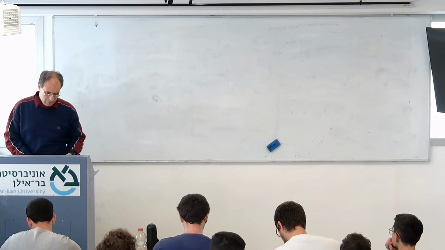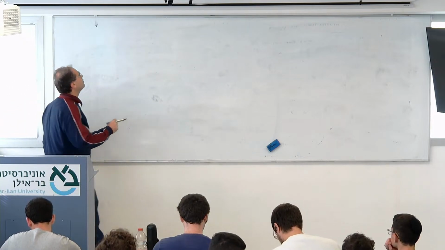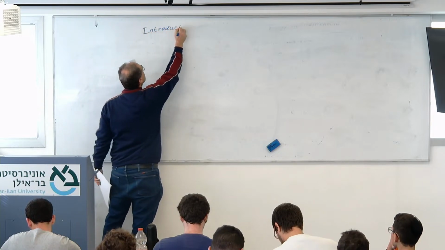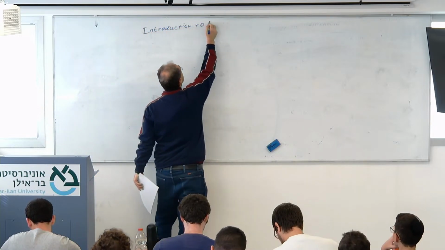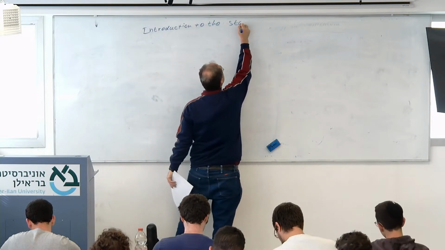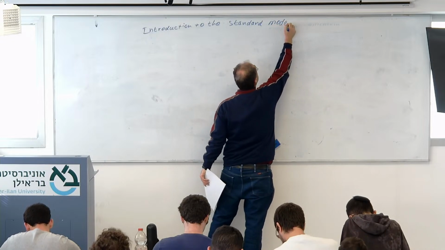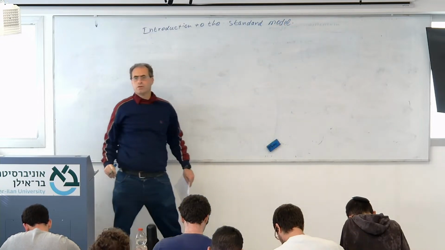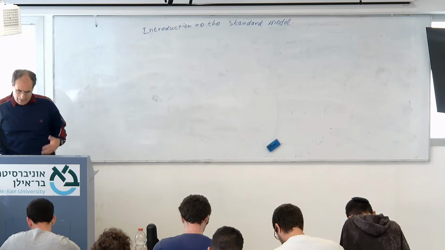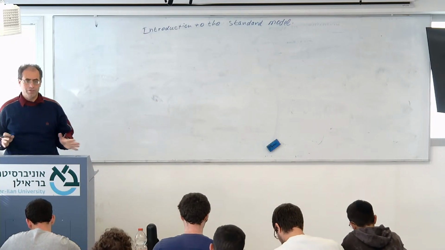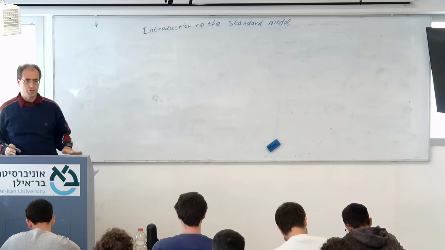So now we're going to start with an introduction to the standard model. The name is quite impressive, right? The standard model definitely is one of the greatest successes of physics in the 20th century.